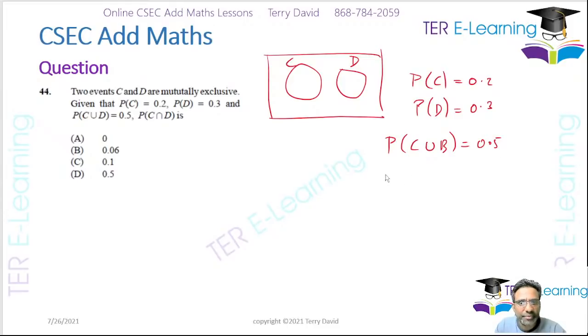And they want to figure out what is P(C intersect D). Now, here's the thing. If the two events are mutually exclusive, it means that the two events don't intersect at all. So therefore, C intersect D has to be equal to 0. The answer is A. So there's no work for us to do.